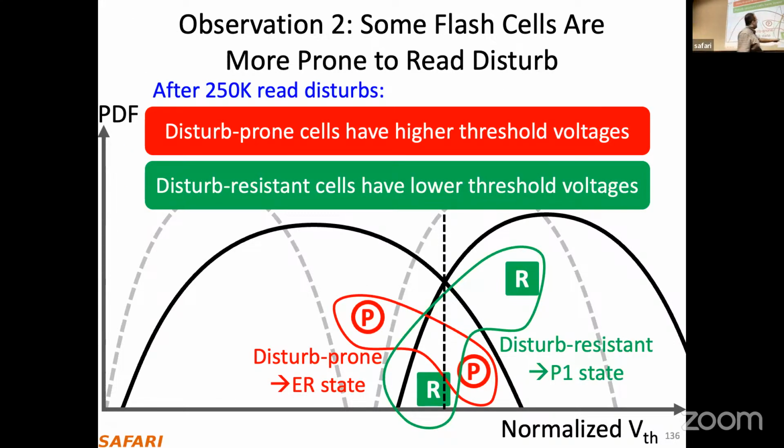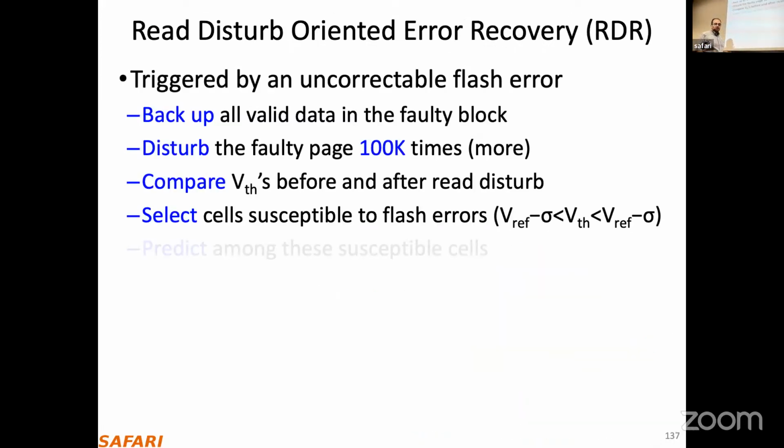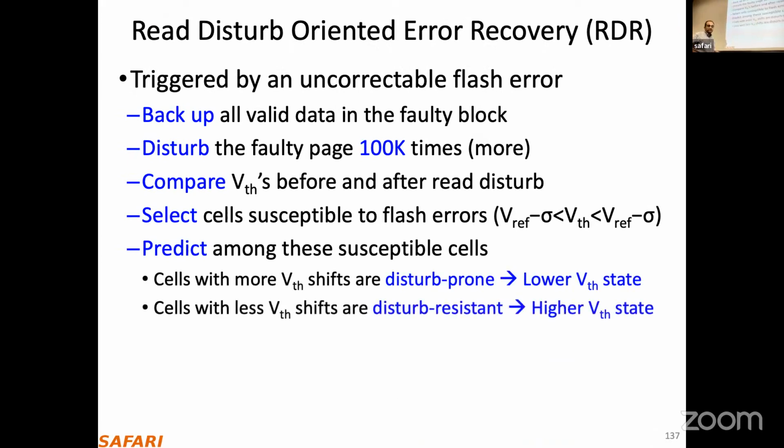For example, this P, even though we are seeing that it's in the P1 state, the moment we understand that it's going to be disturb prone, we just consider it in the erase state. And that can fix the error. And cells with less threshold voltage shift are disturb resistant, and we consider them in a higher threshold state.